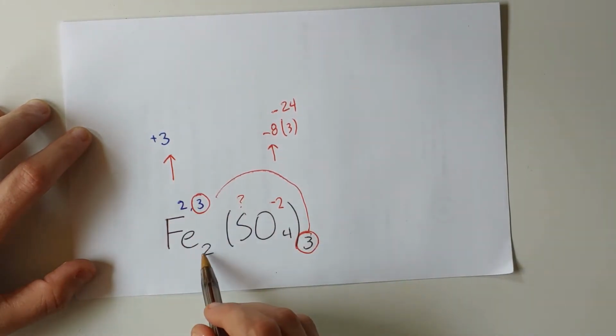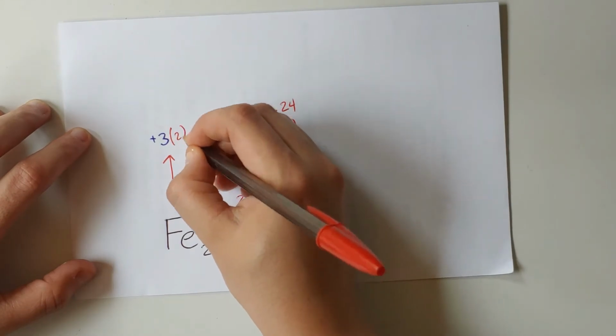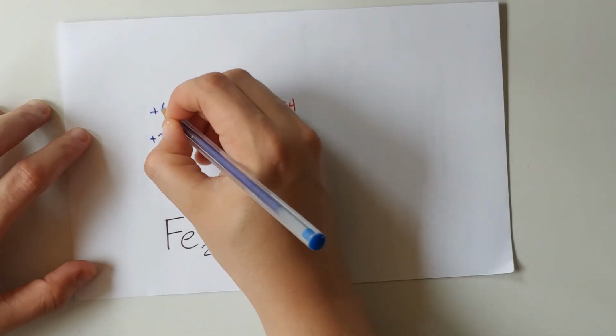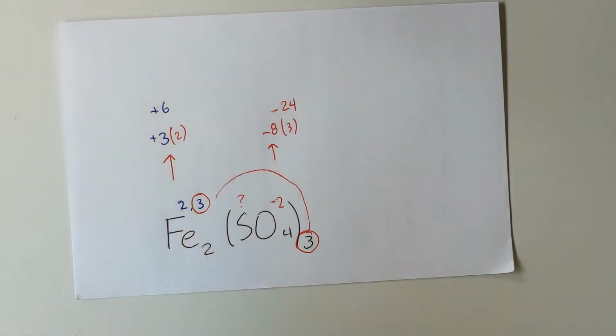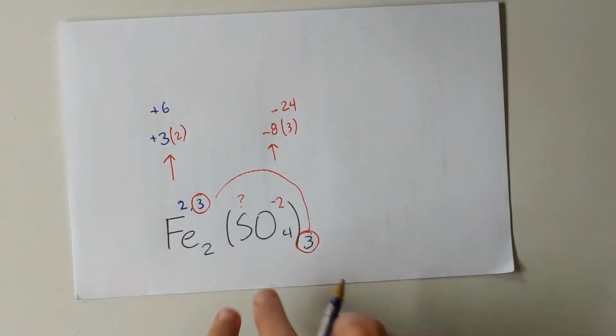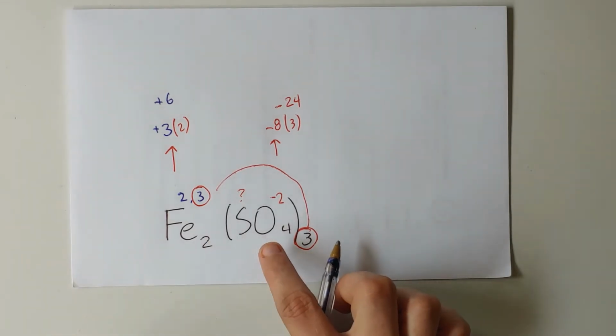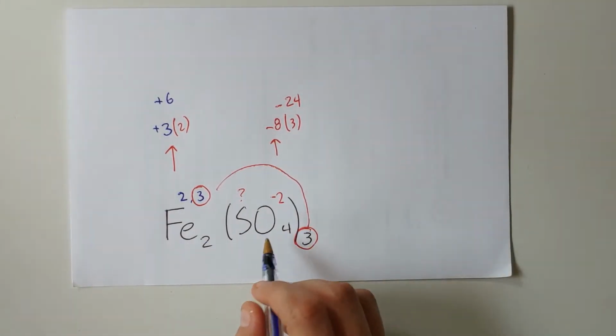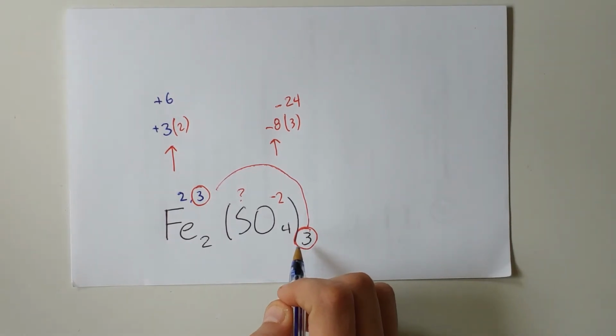And this 3 is multiplied times 2 because this is the subscript, so I have here +6. Then in the middle, I have 3 sulfurs from outside the parentheses.